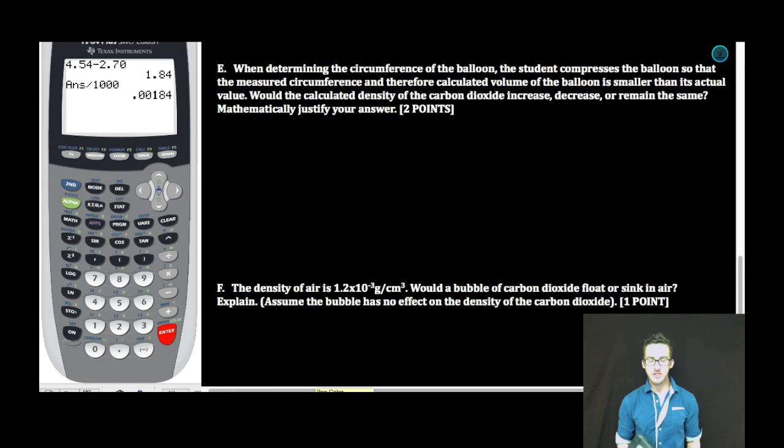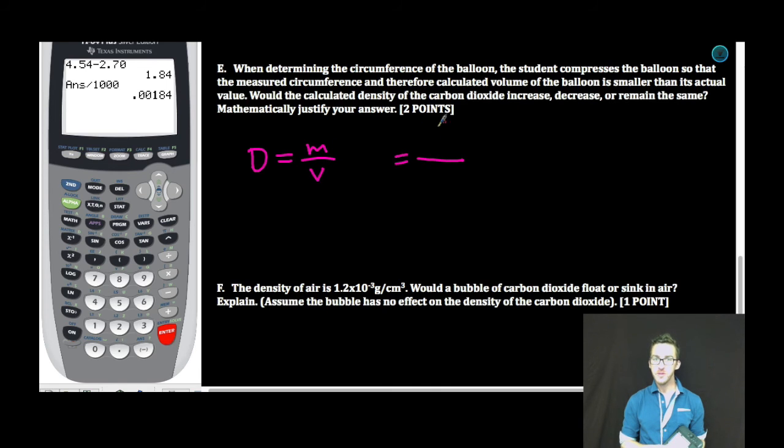All right, that brings us to part E. It says when determining the circumference of the balloon, the student compresses the balloon so the measured circumference and therefore the calculated volume of the balloon is smaller than its actual value. Would the calculated density of the carbon dioxide increase, decrease, or remain the same? Mathematically justify your answer. Okay, let's think about the formula for density. It's equal to mass over volume.